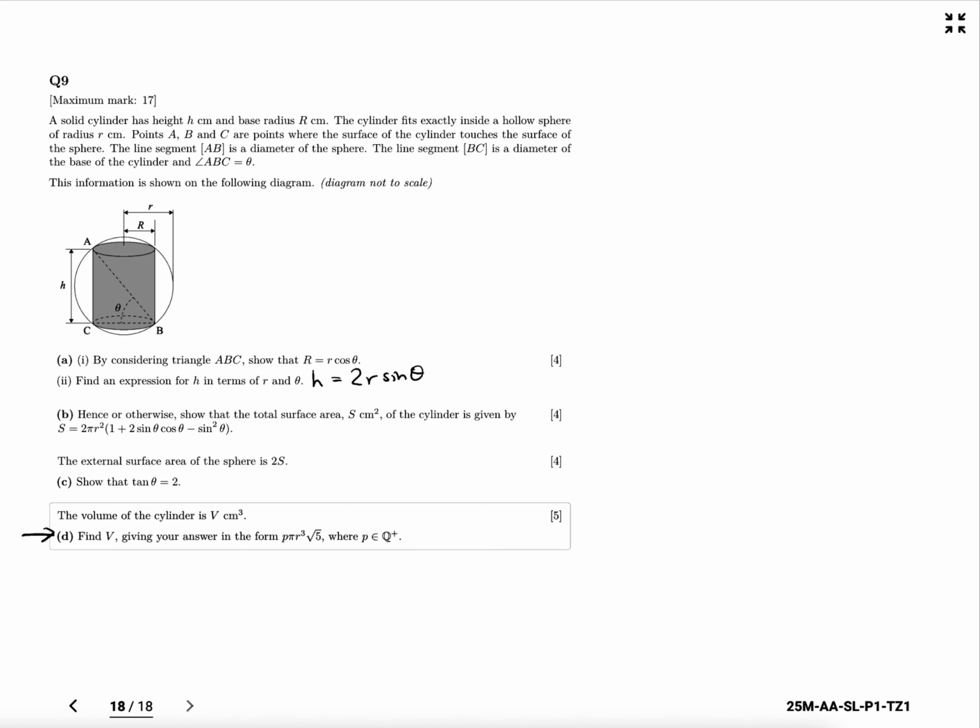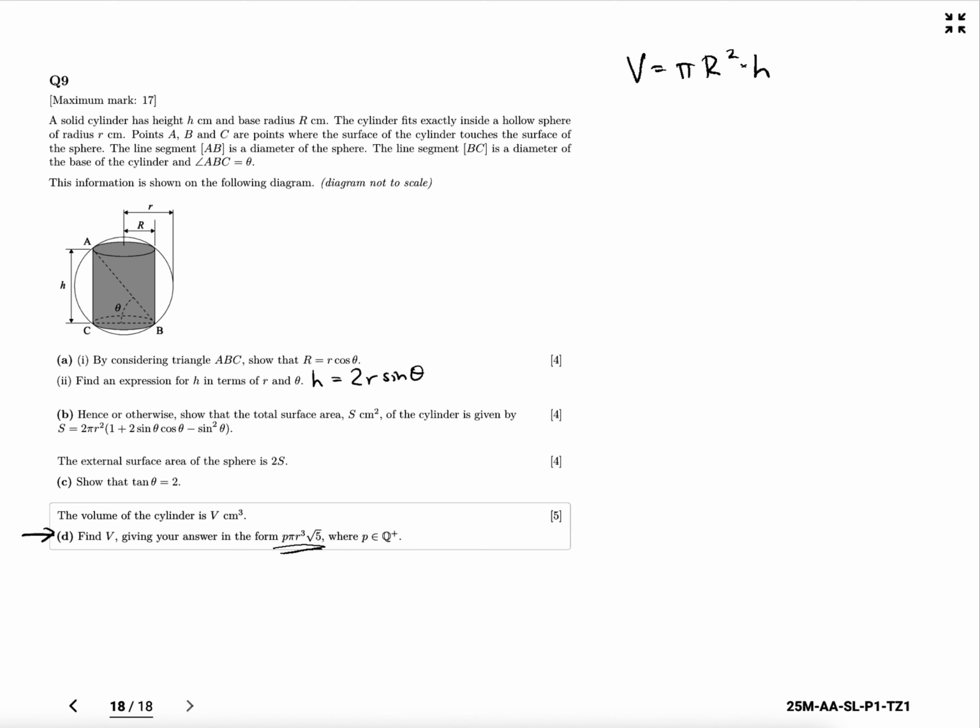Right, this is the last part of the whole paper. Question 9, part D. So well done if you're still here. We now know that the volume of the cylinder is V centimeters cubed, and we have to find V in this form. The volume of a cylinder is the area of the base of the cylinder, which is pi r squared, multiplied by the height.